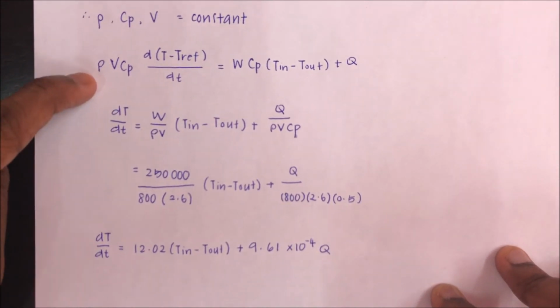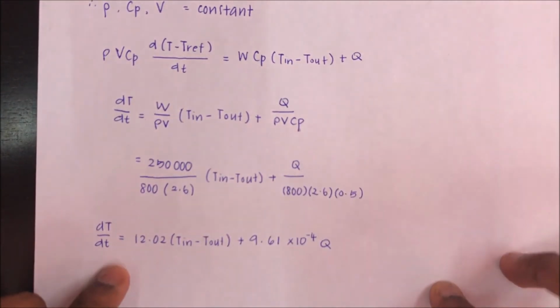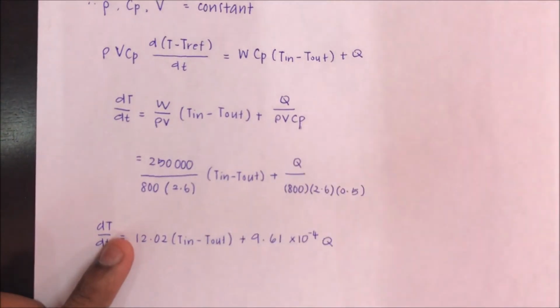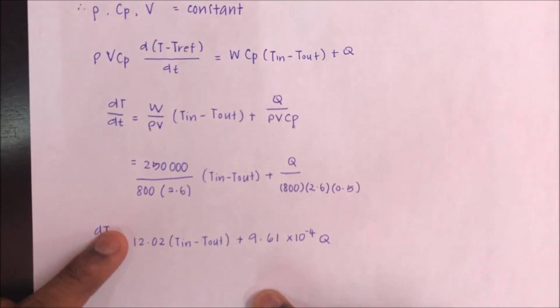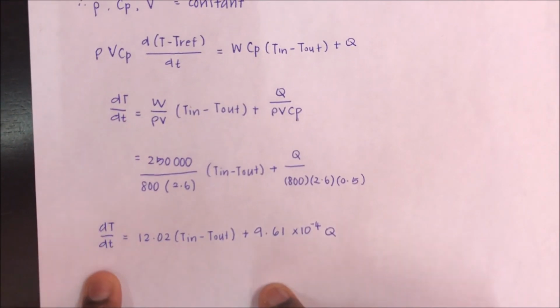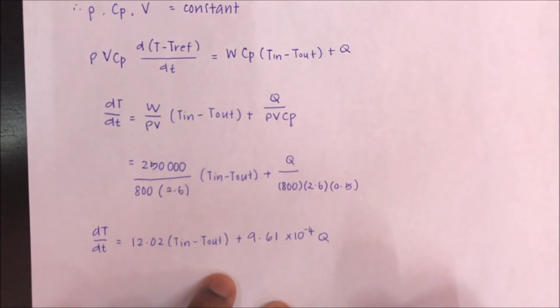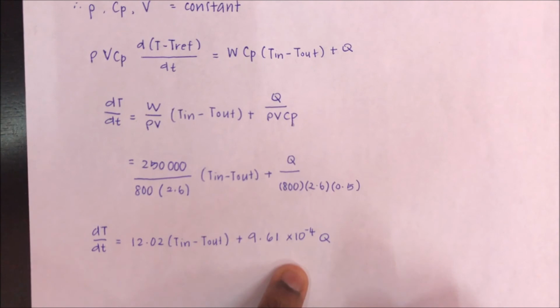So we eliminate rho V Cp here, and we get rho V here and rho V Cp over here. And then substituting the given values into each variable, we get this. So therefore, the final answer would be dT over dt equals 12.02 (T in minus T out) plus 9.61 times 10 to the power of negative 4 Q.